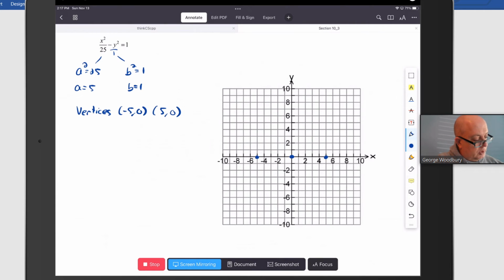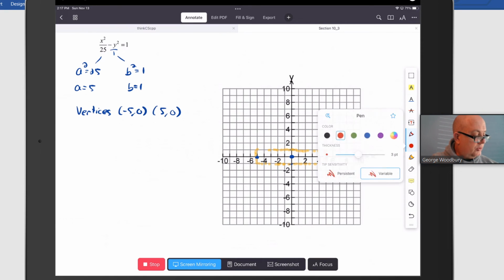b is 1, so if we go up 1, and this time I'm going to use a highlighter for this one. Now the asymptotes go through that.